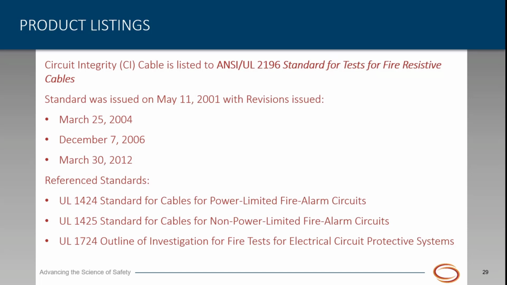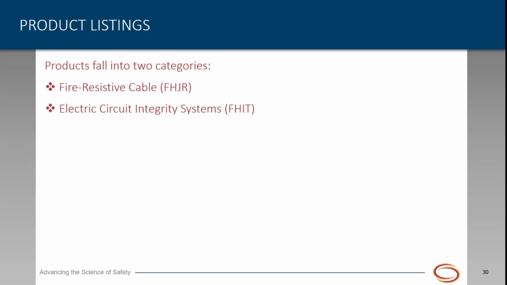Let's talk a little bit more about this UL 2196 listing. The product falls in 2 categories under UL 2196. That's fire resistive cable, or FHJR, and the electrical circuit integrity system, FHIT. One way of looking at it is one's the wire and one's how you install it.